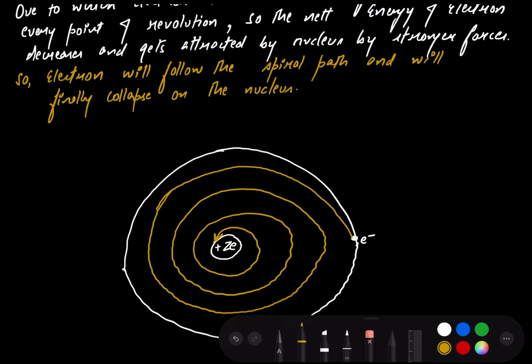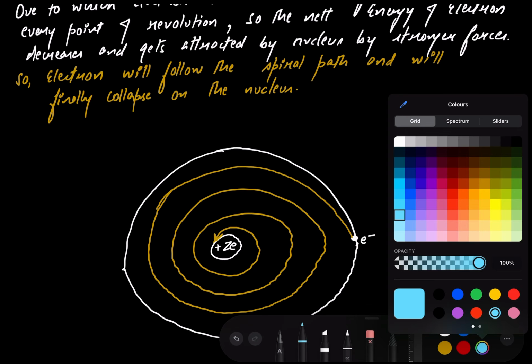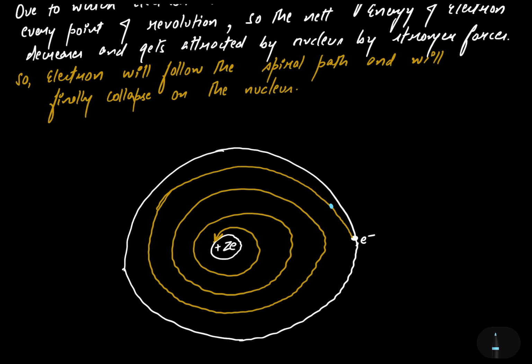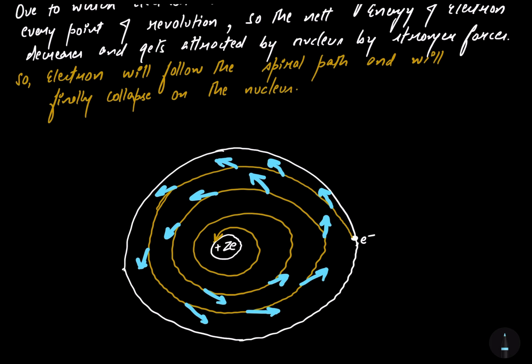Now, at each and every point, the electron was emitting electromagnetic waves. Let me show you this way. The electromagnetic wave emitted. I'm just showing a few points where electromagnetic waves will be emitted. These waves will be emitted this way. So the electron is finally following the spiral path and will finally collapse on the nucleus.